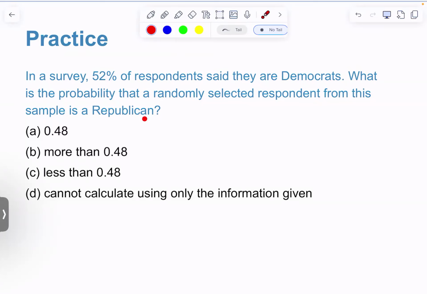So you don't want to use this one, because we could have other parties. It can't be more than 0.48, because then the total probability would be more than 1, so that's bad.